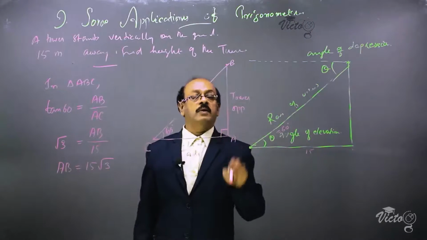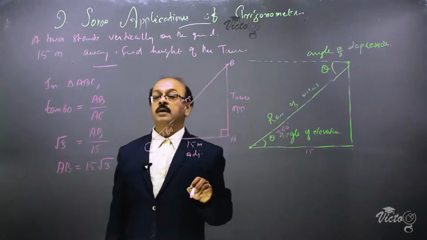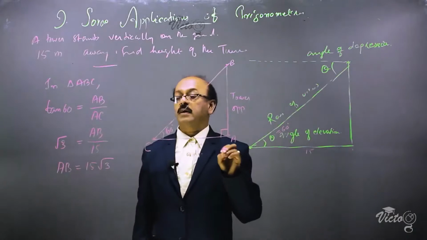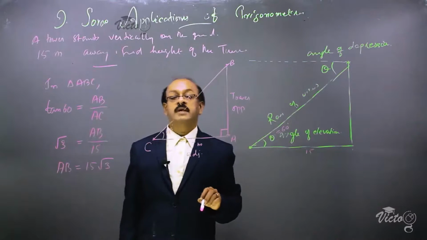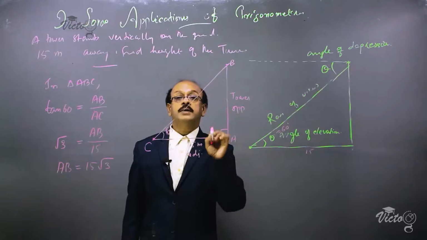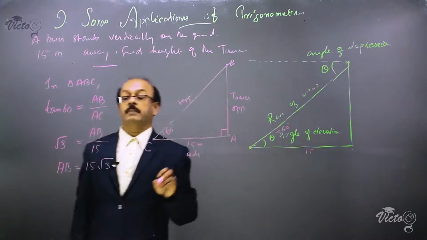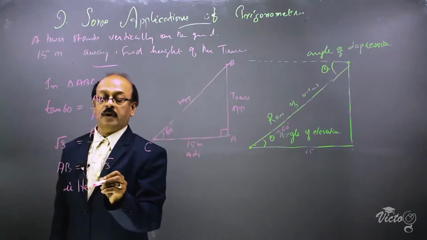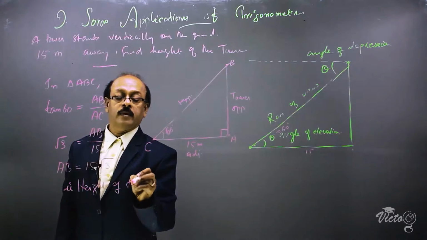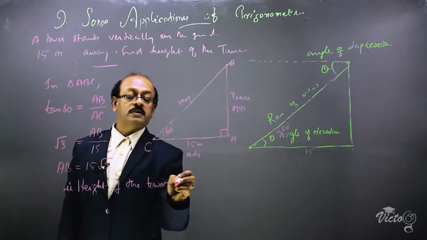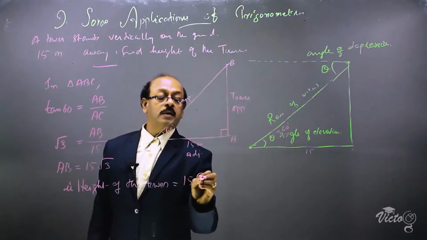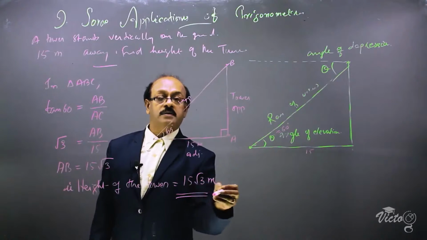Here it is not given, so we can write root 3 as it is. So AB is equal to 15 root 3, which means the height of the tower is 15 root 3 meter. That is the answer.